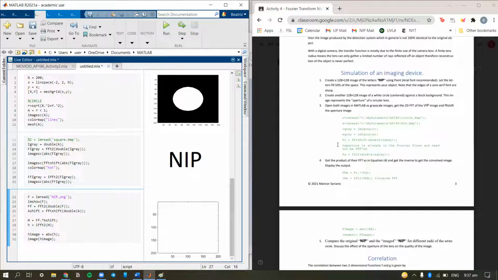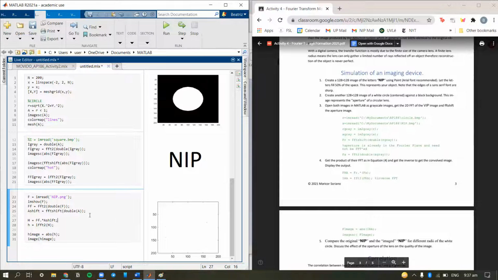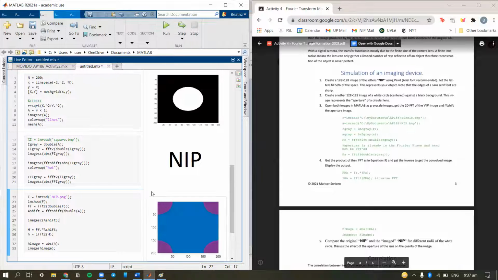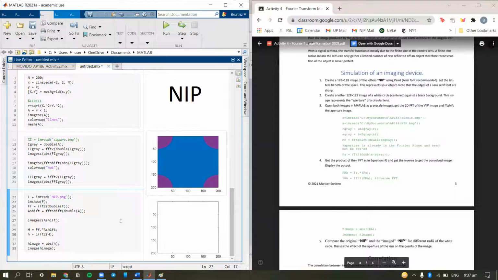Could you show in this same section, could you show A, please? Show image SC pala, image SC, because it's double na. A shift. We are supposed to see a quartered circle, right? Yon, tama naman. Okay.